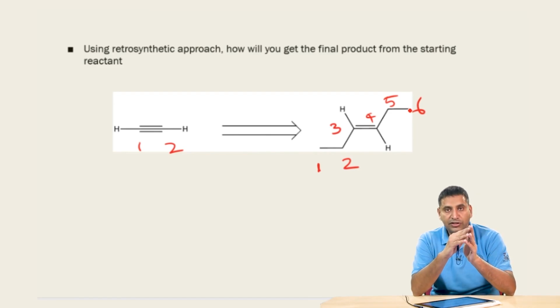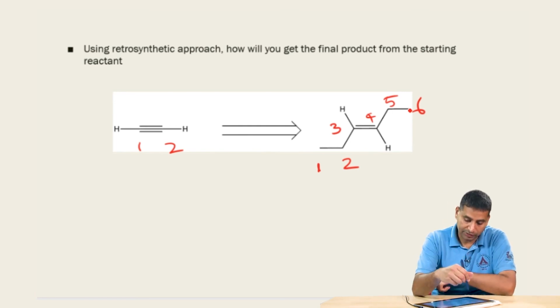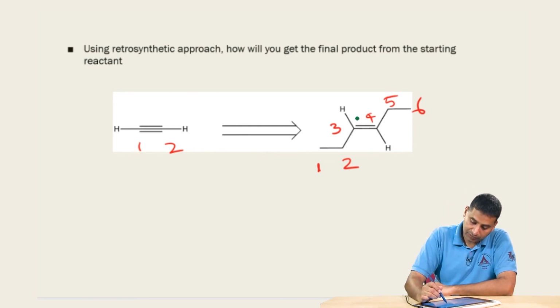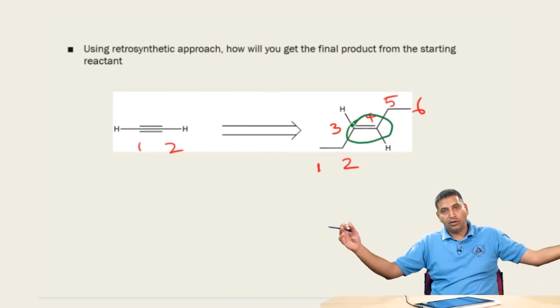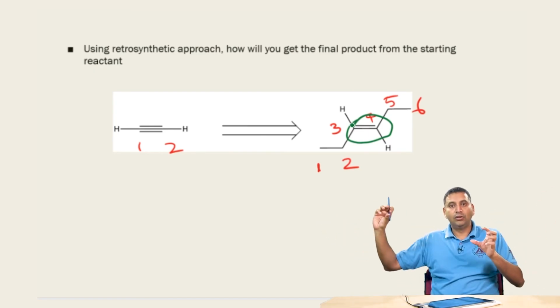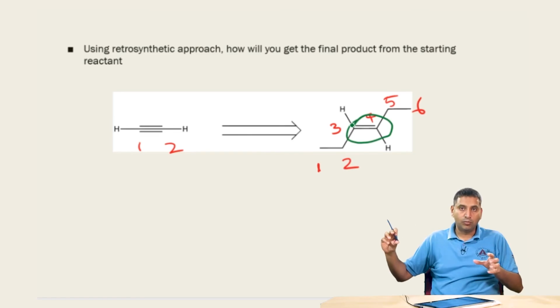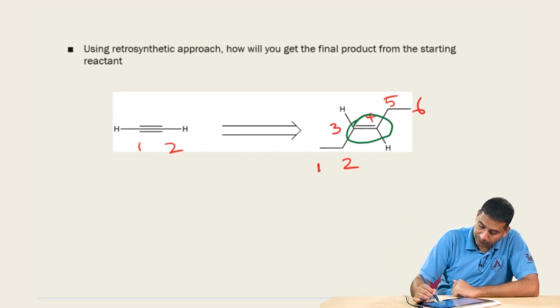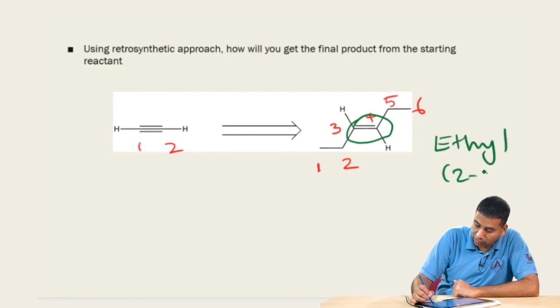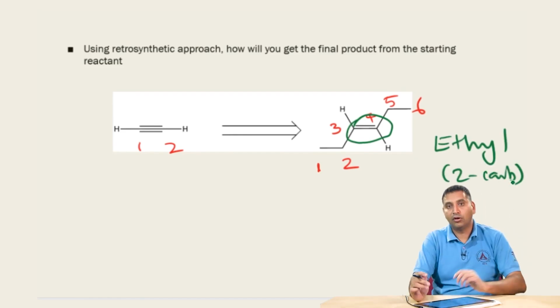But not just that, we have one more very interesting situation here. If you look at carbon 3 and 4, it is actually a double bond, and on both sides of the double bond you have identical groups. That means you have an ethyl group on both sides. So, here is the olefin and you have ethyl, or 2-carbon groups, on both sides.